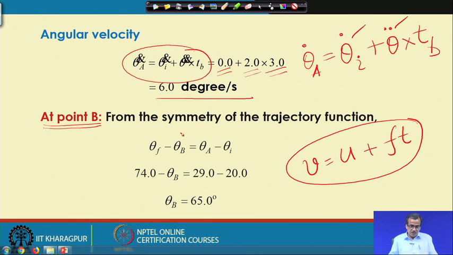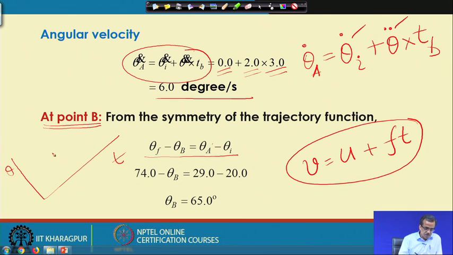Now, if you see this plot, theta f minus theta b is nothing but theta A minus theta I. Roughly, if I plot one rough sketch, it will be something like this.